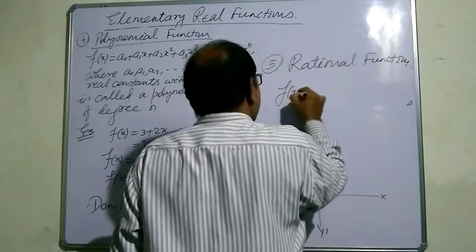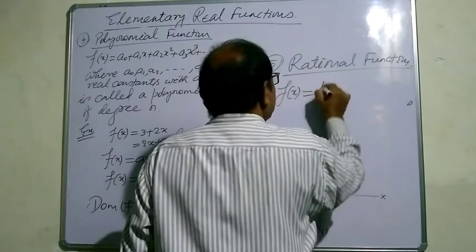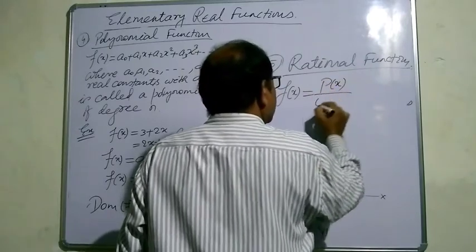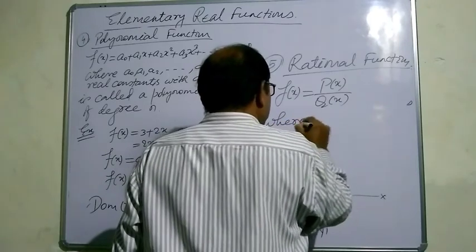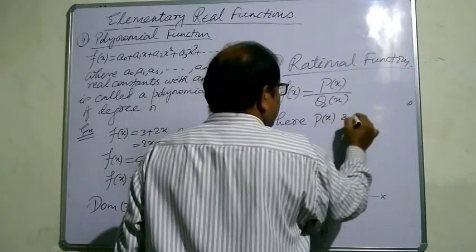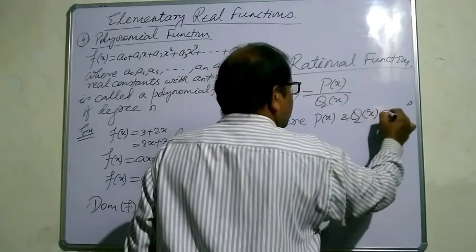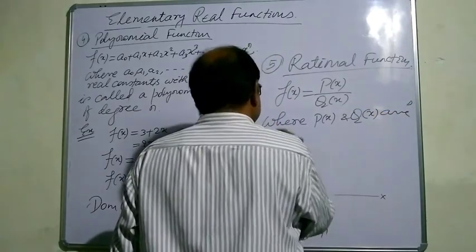It is of the form f(x) is equal to p(x) by q(x), where p(x) and q(x) are polynomials.